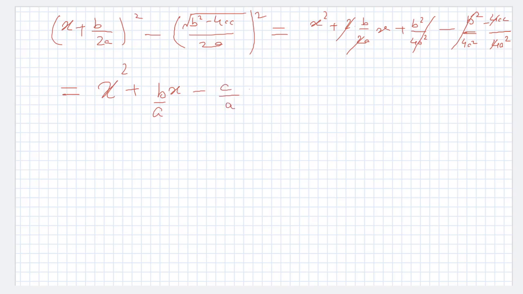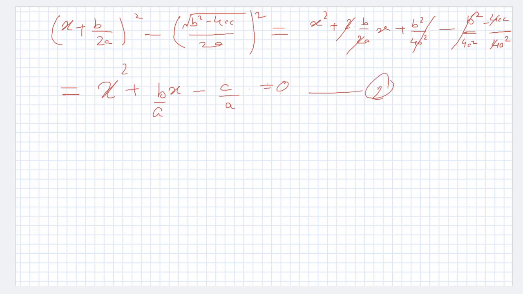So this is what I get. This is the quadratic equation I get from the factors of quadratic formula. This is going to be equal to 0, and let me call it equation 2.